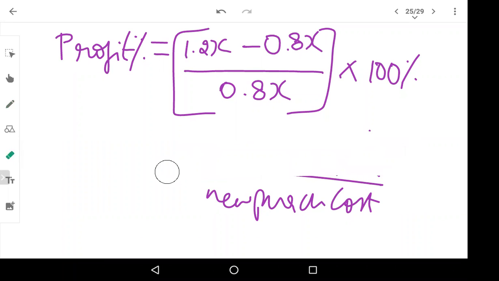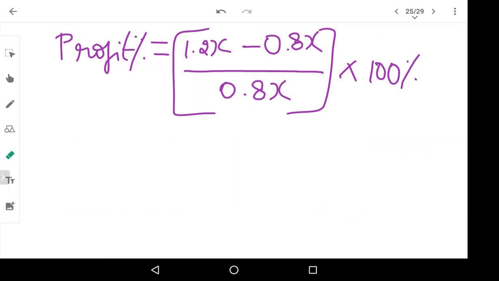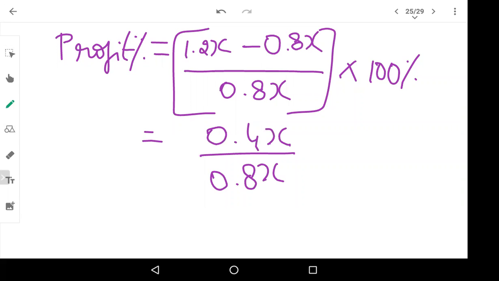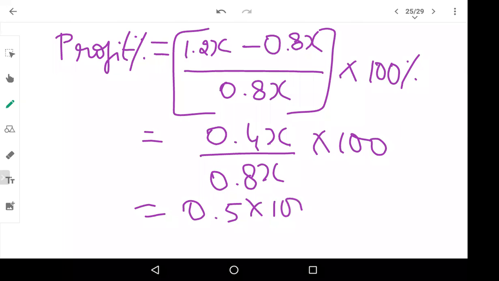Okay. So here we are going to simplify this. 1.2x minus 0.8x, I will get 0.4x by 0.8x into 100. So 0.4 divided by 0.8, I get 0.5, into 100. 0.5 into 100 is nothing but 50% profit.